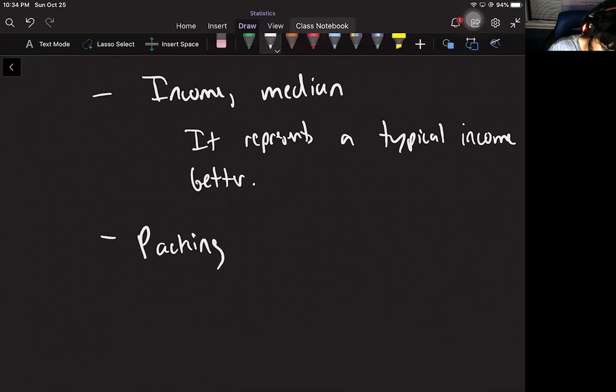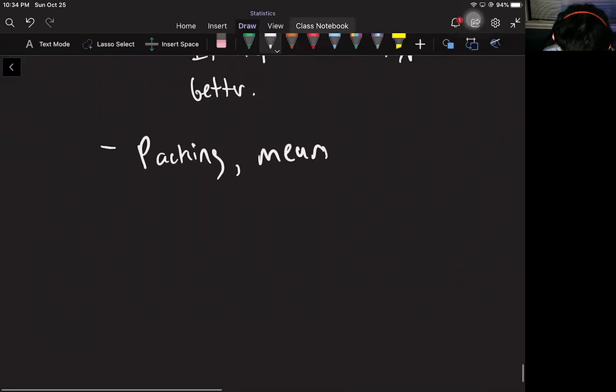And that's this situation, packing. So if you are trying to pack stuff away, the mean is better. So why is that?